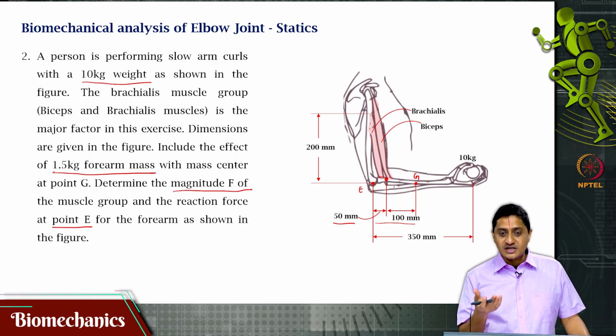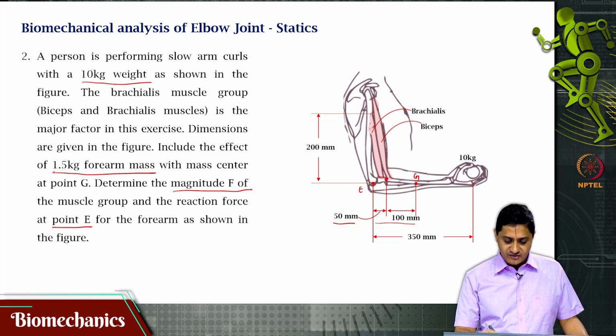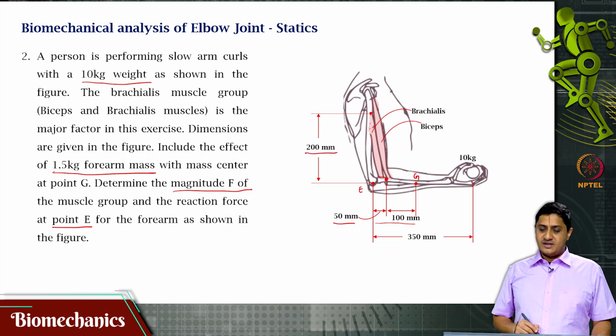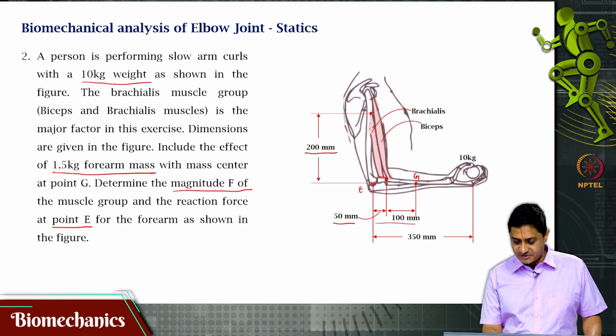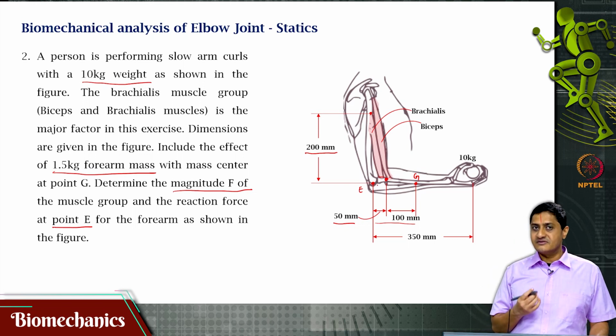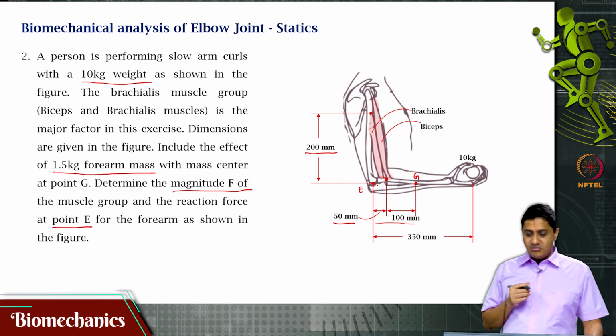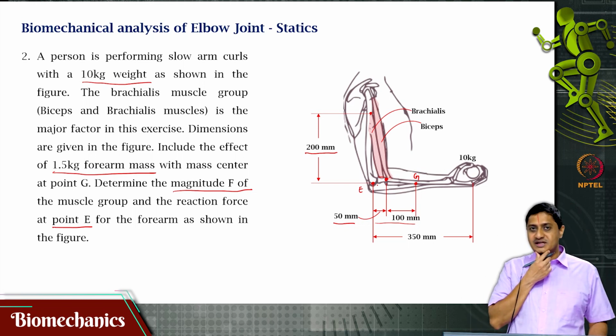I also do not know the direction of the force, but what I do know is that the point of origin is given to be 200 mm. I know where the origin and insertion are in the reference frame involving the elbow joint. Maybe using that I can compute the direction.